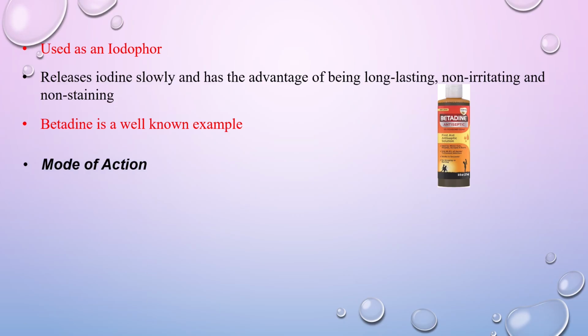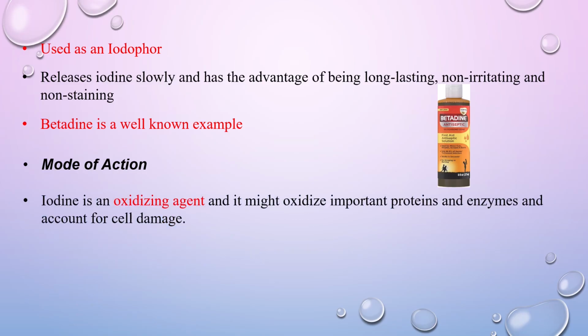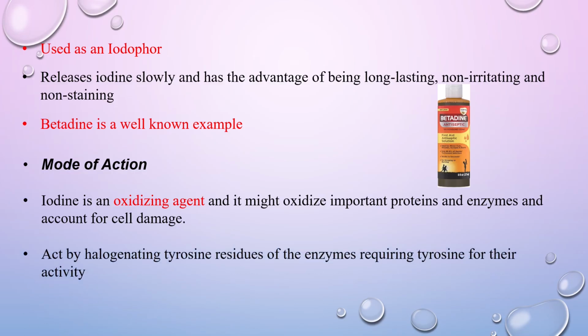The mode of action is that it acts as an oxidizing agent and it might oxidize important proteins and enzymes and account for cell damage. It is also suggested that it may act by halogenating tyrosine residues of the enzymes requiring tyrosine for their activity.